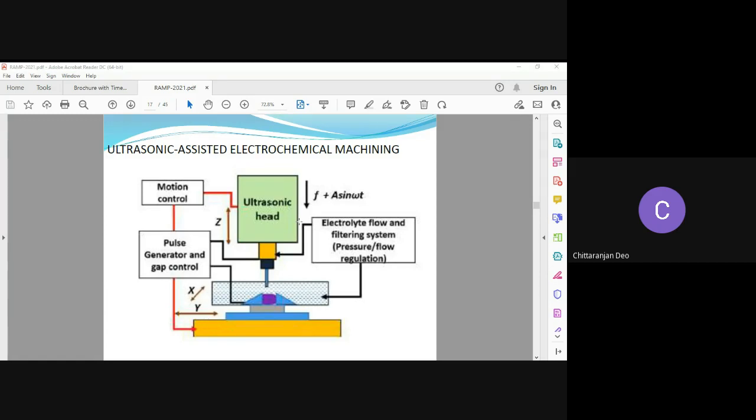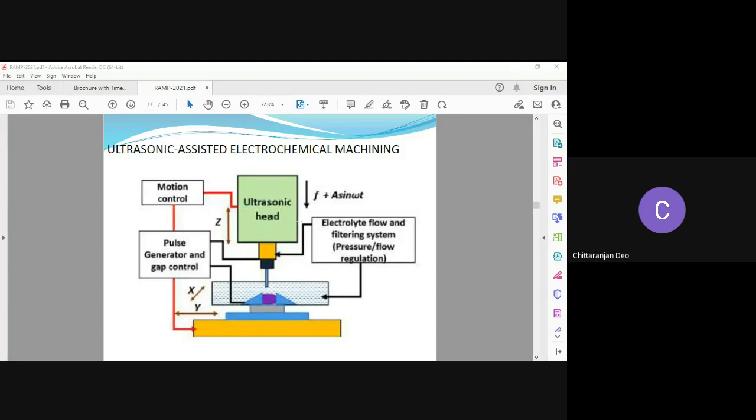The collapse of microbubbles in a very short time generates high temperature and pressure, which are favorable for mass and charge diffusion in the machining gap. Thus, the electrolyte flow and electrochemical reaction are benefited.